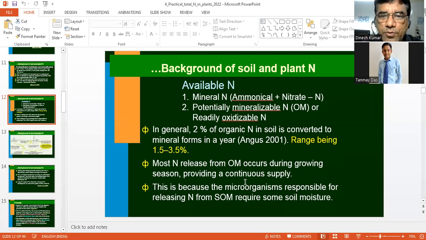So you will get more release compared to fallow soils. This is because the microorganisms responsible for releasing nitrogen from organic matter require some soil moisture. Therefore, remember that conversion of organic nitrogen to inorganic nitrogen is faster under cropping conditions than fallow conditions.